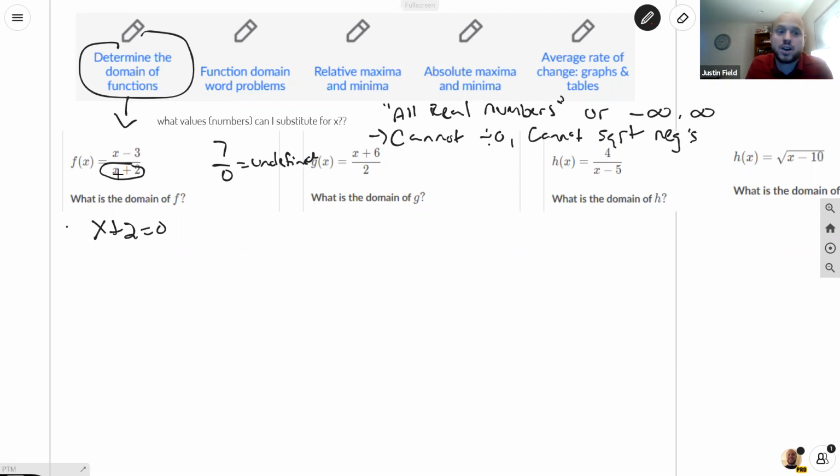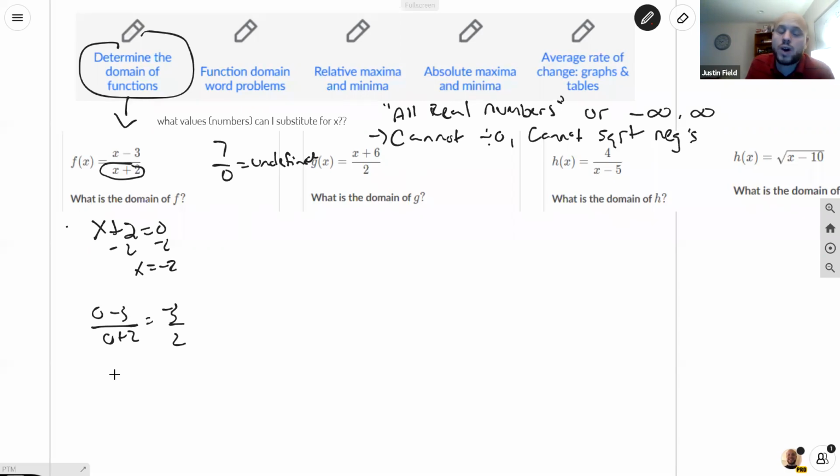Okay, so 0 would be fine. 0 is in the domain of this, and I'm going to show you that if I substitute 0 in, I end up with negative 3/2, which is fine. But, okay, set the denominator equal to 0, solve it, and we get negative 2.